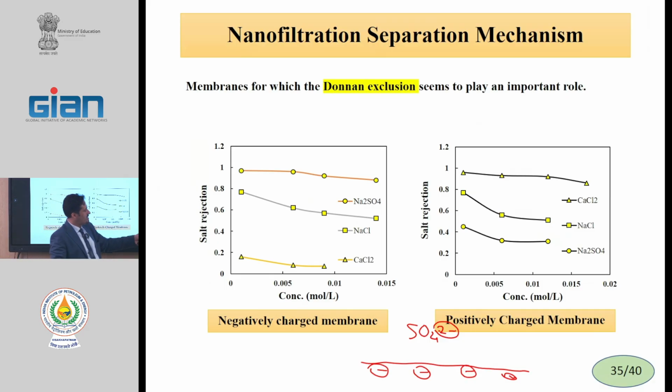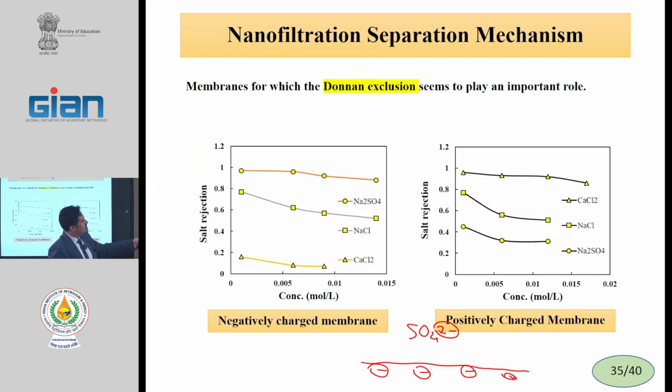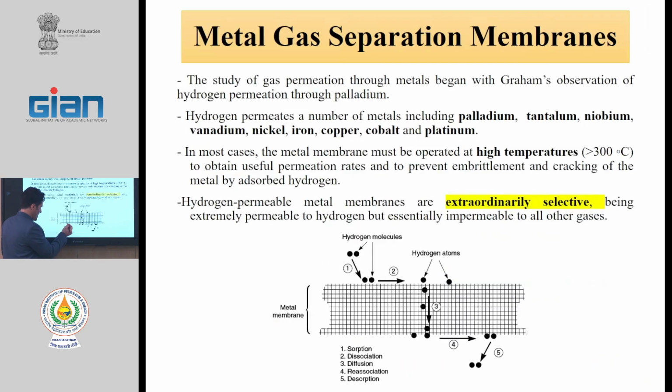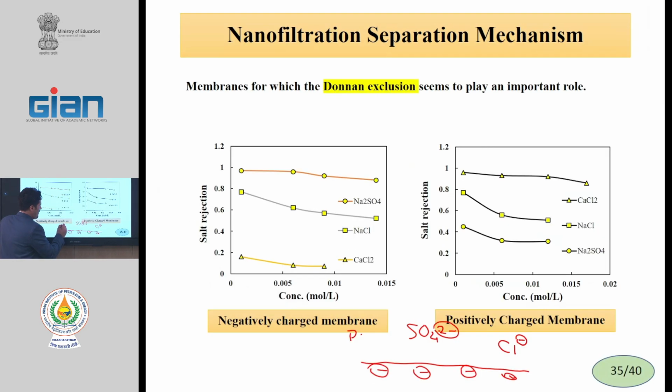When we compare these two, NaCl with Na2SO4, the sodium is similar, but sulfate has more rejection than chloride because chloride has 1 minus, okay? Therefore, the phosphate with a 3 minus will be rejected even more than sulfate.